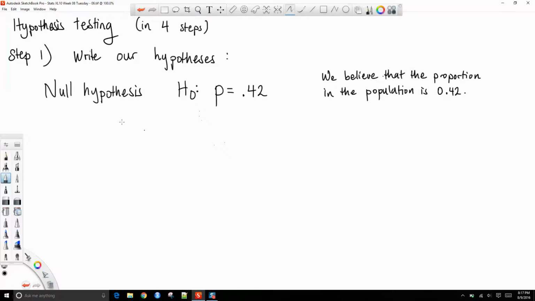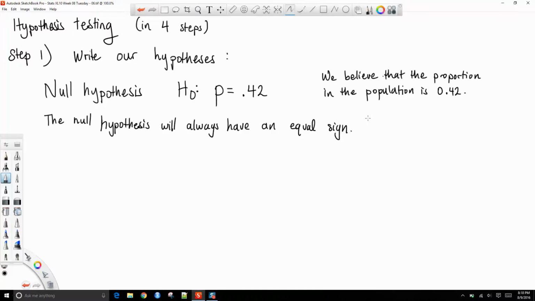So the key thing is that the null hypothesis will always have an equal sign. And that's what makes it testable, okay?